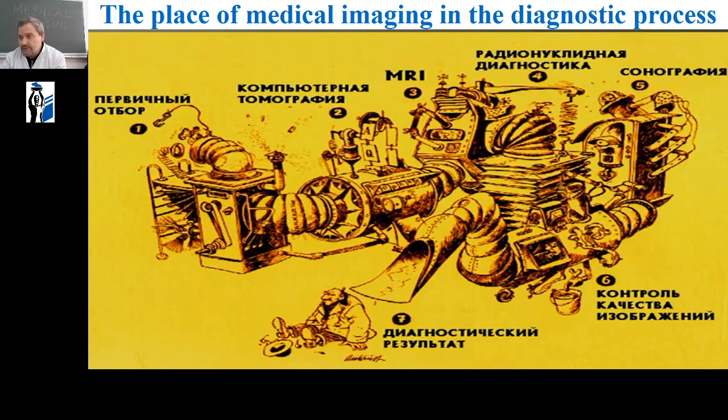In addition to this, the image has essentially changed. It has become tomographic. It has become, when we need it, three-dimensional. We have learned to distinguish, differentiate quite clearly different tissues.